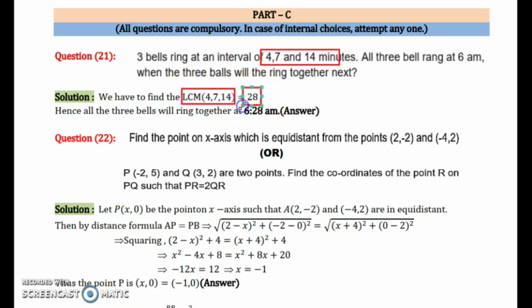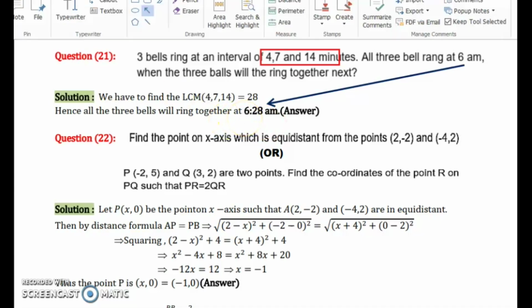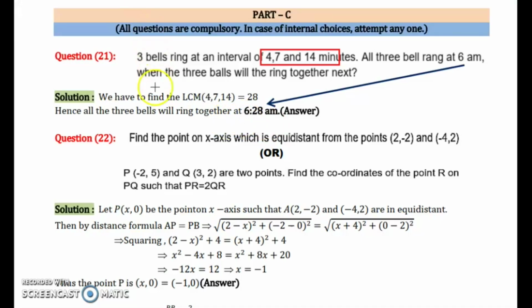We got the answer as 28, because it's a very simple question. Therefore, after 6 a.m., the next time is after the LCM, 28 minutes. That means the bells ring together at 6:28 a.m. Right? Now, good. Let us move on to the next question.